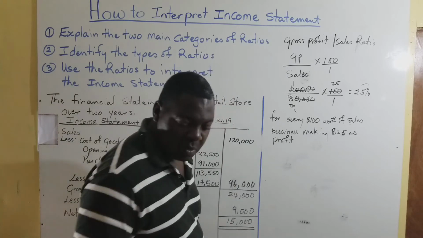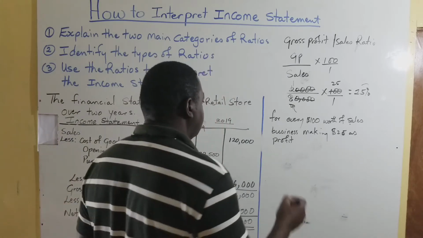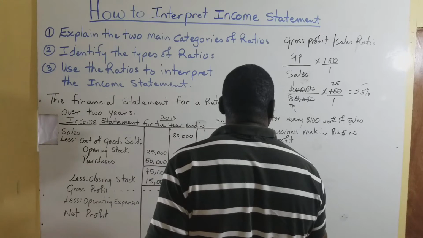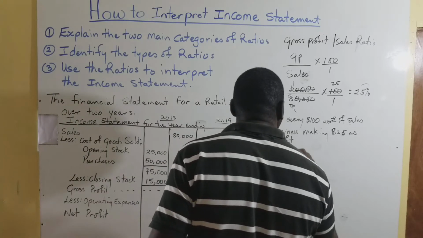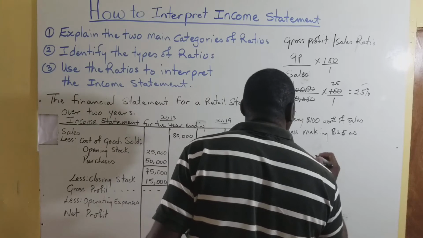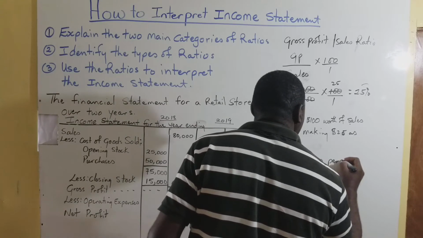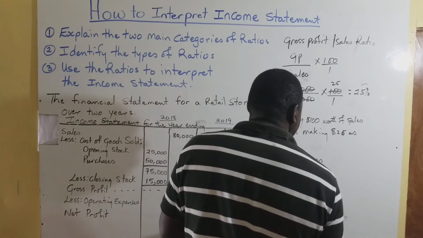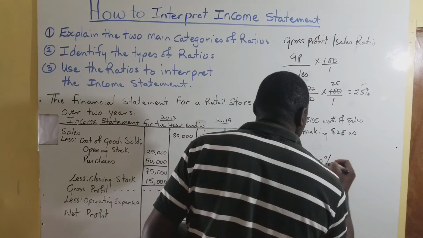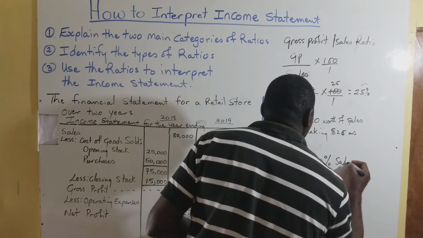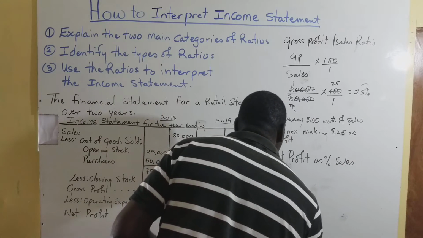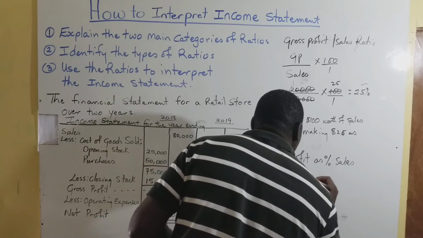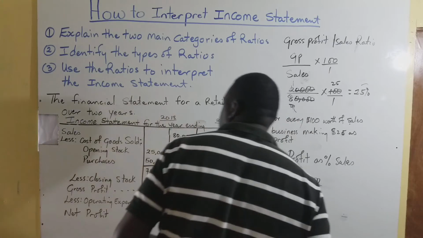All right, we can go to the next one, which is net profit as a percentage of sales. The formula again is NP over sales times 100 over 1.